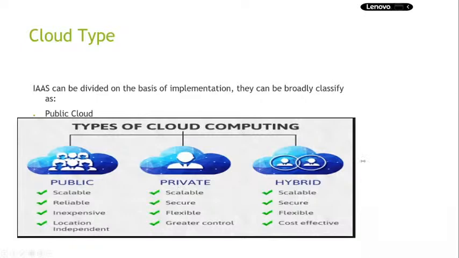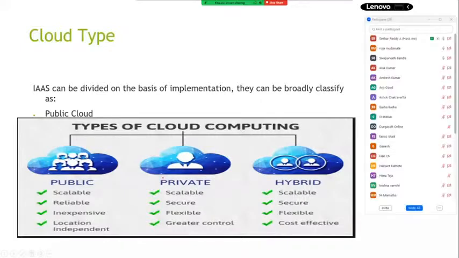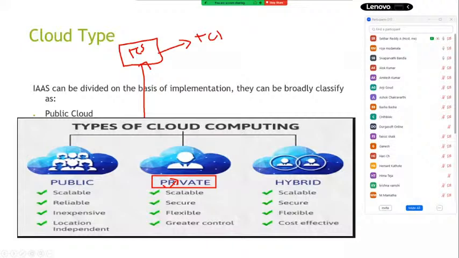Private means the organization. The resources that can be accessed within the corporate network are called private. For example, you are working in TCS. We go to the office and connect to the TCS-provided VPN. VPN means virtual private network.